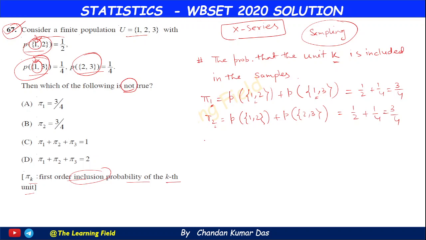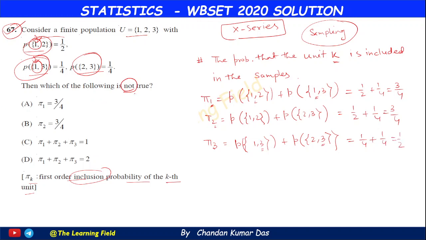Then pi 3 is equal to probability of (1,3) plus probability of (2,3), the samples in which unit 3 is included. So this is equal to 1 by 4 plus 1 by 4, which is equal to 1 by 2.